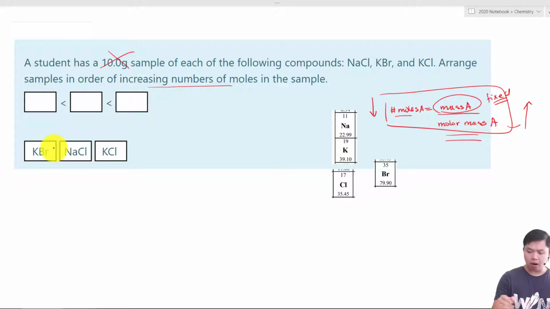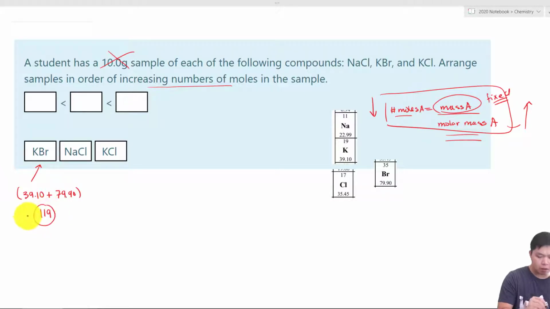So let's do this. We have KBr, okay? I already did it for you, but now I'm going to write it out. Here's KBr. K is 39.10 plus Br, that is 79.90, and that turned out to be 119. Okay, that's the molar mass. Now let's go to NaCl.